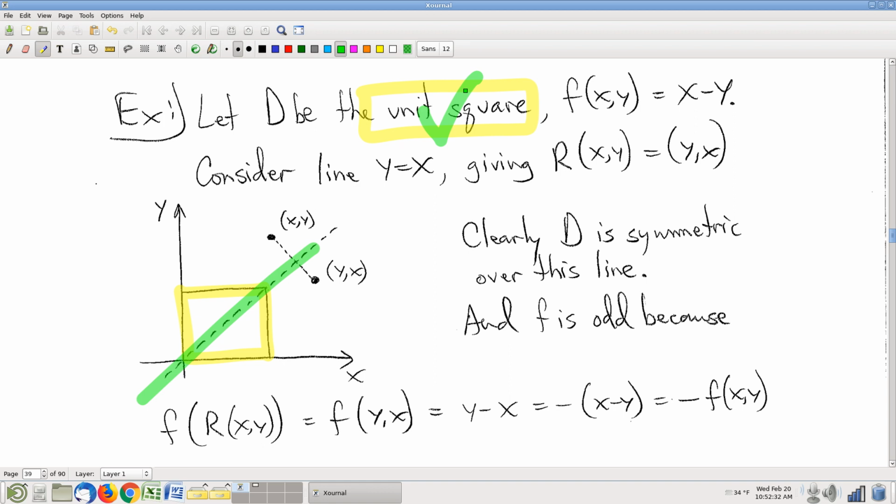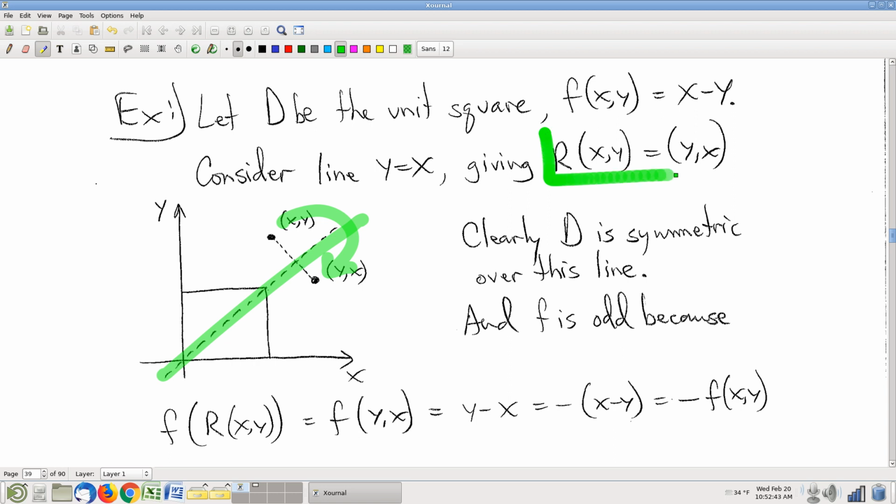We use the line y equals x, and the argument as to why we use this line is because you can just look and see right there what the formula is for reflection over that line. If you give me a point x comma y and you reflect over that line, it's a geometry argument. The reflection is y comma x.